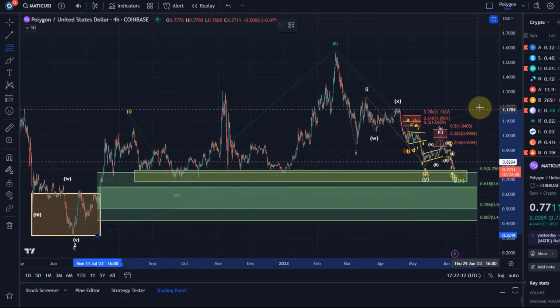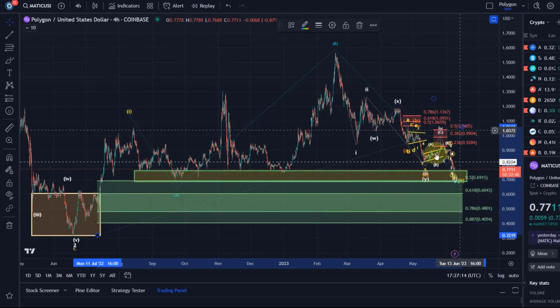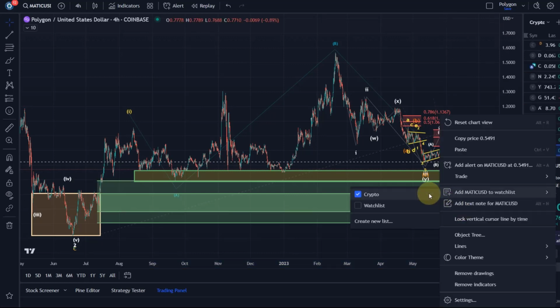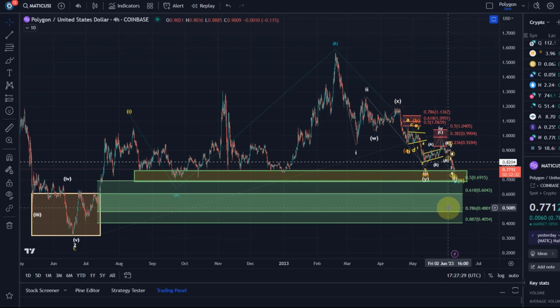Looking at the Fibonacci retracements, you don't want a wave 2, formed by A, B and C waves, to break below the 78.6 Fib level. That is at 48 cents. Not saying it will go down that much, but it has now reached a level where it can turn around at any time.